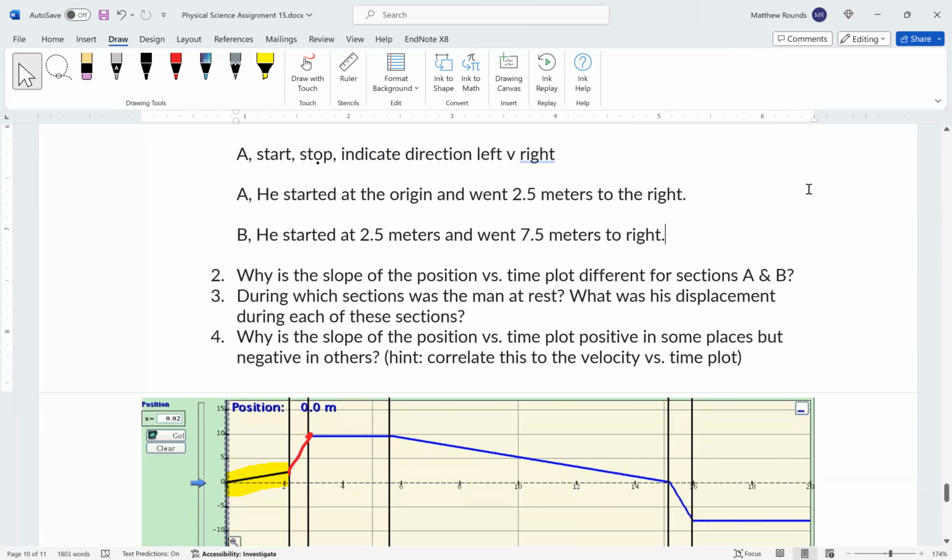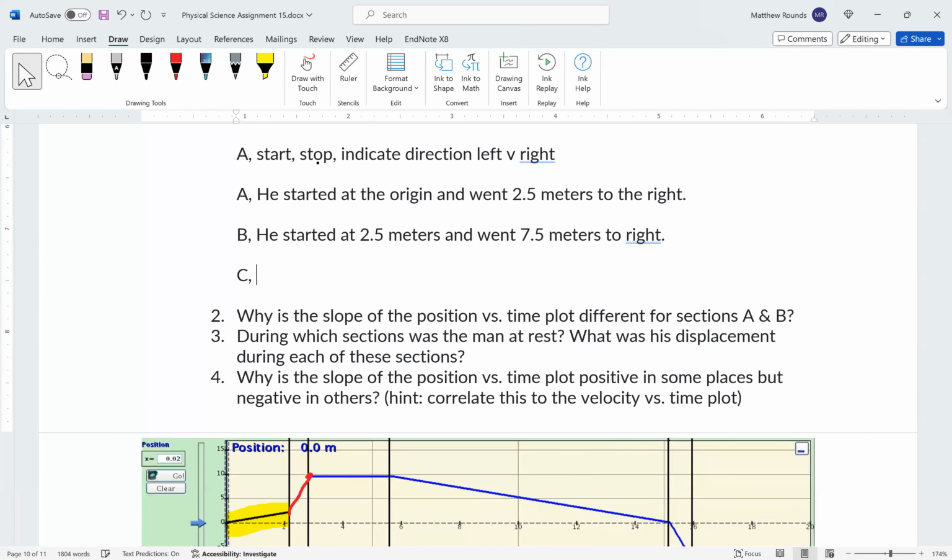Okay, so region C, where did he start? Where did he end? So he started at 10 meters, and then he finishes at, I don't know, I guess at 5.